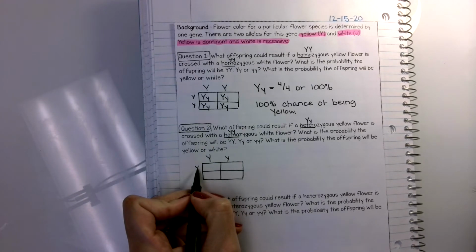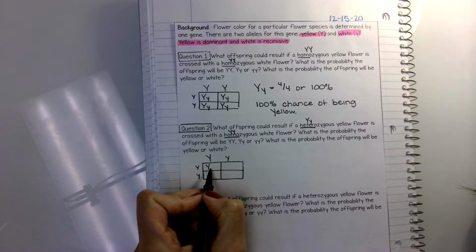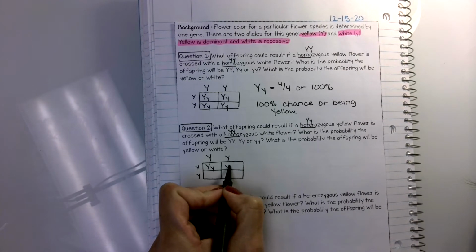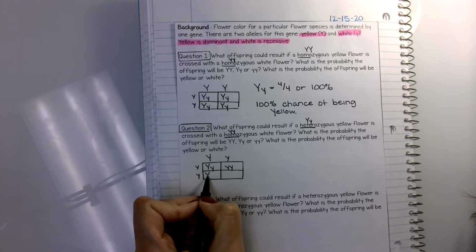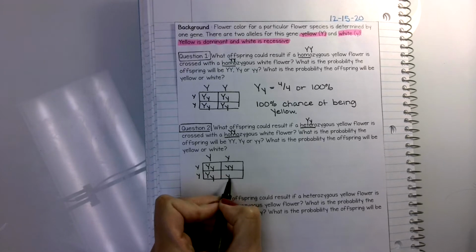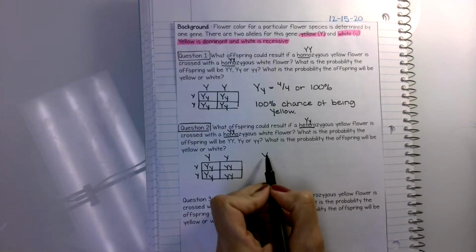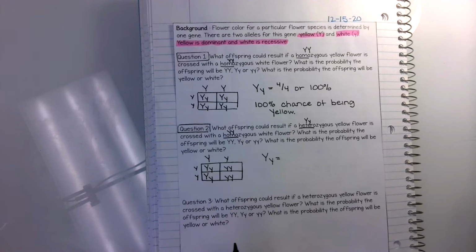All right, so for the boxes, you have capital Y, lowercase y, capital Y, lowercase y, lowercase y, lowercase y, and lowercase y, lowercase y. All right, so let's look at uppercase, lowercase. How many uppercase, lowercase boxes are there?